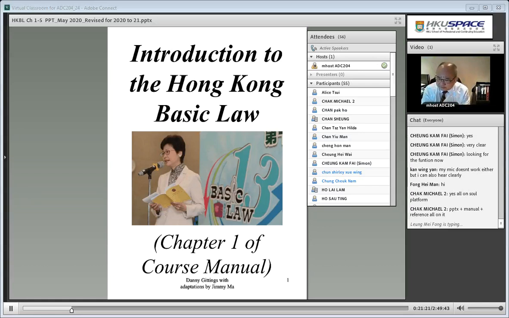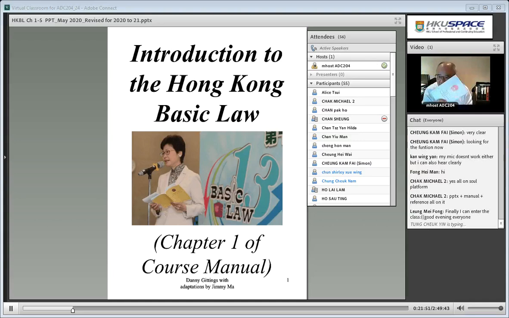It's got one preamble, 160 articles, 3 annexes, and that's it. So if you compare to studying contract law, you've got a thick textbook, and tort law and so on, each with many cases. But of course, for the Basic Law, it is just this one.